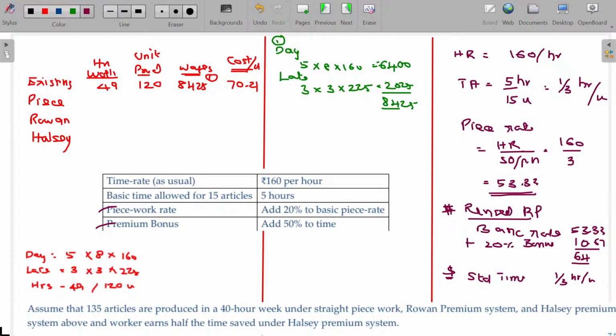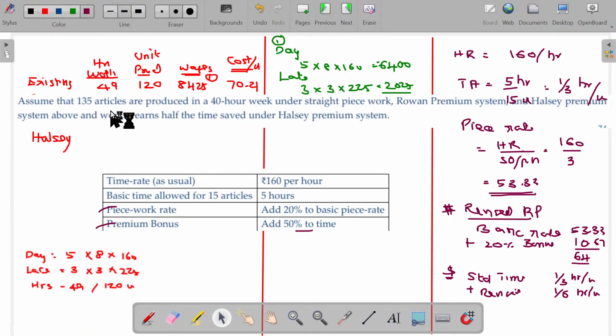In that case, standard time is the matter. Whatever the standard time currently we are consuming, we need to enhance by another 50%. So add revision. How much is that? 50% of one third being 1/6 hour per unit.